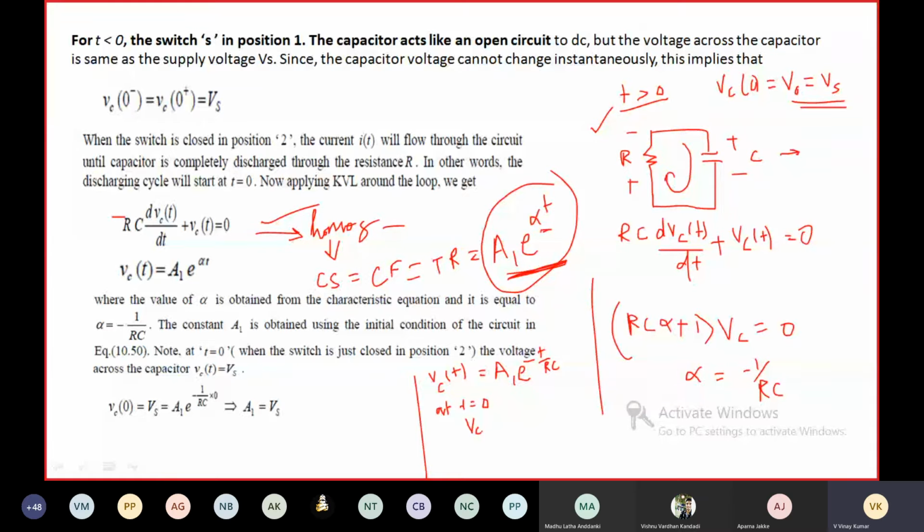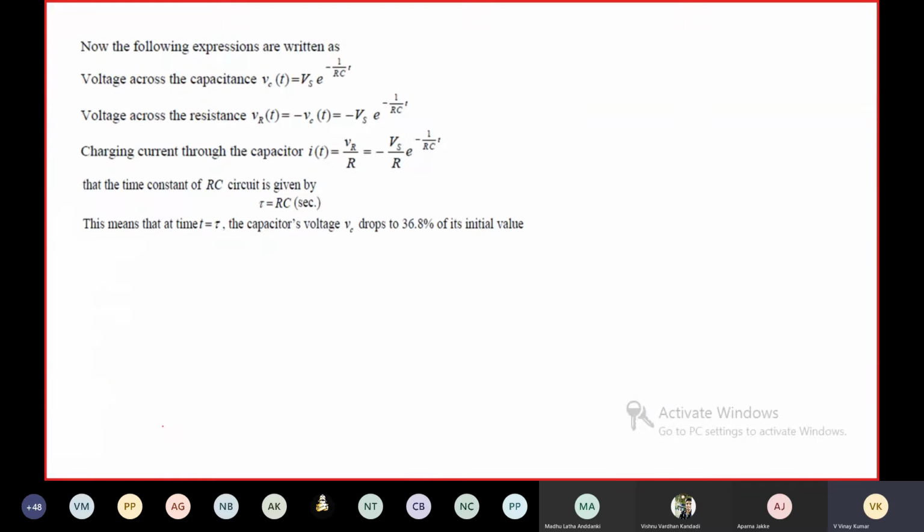Vc of 0 is equal to Vs, which equals A1 e power minus 1 by RC into 0. This implies A1 is equal to Vs. Finally, you have the expression Vc is equal to Vs e power minus t by RC.